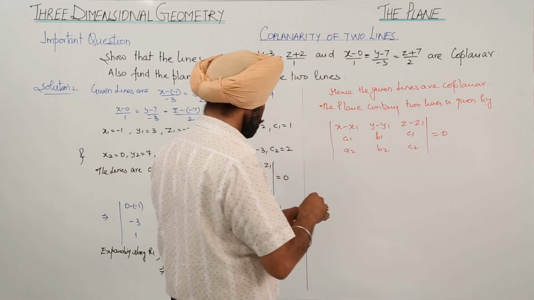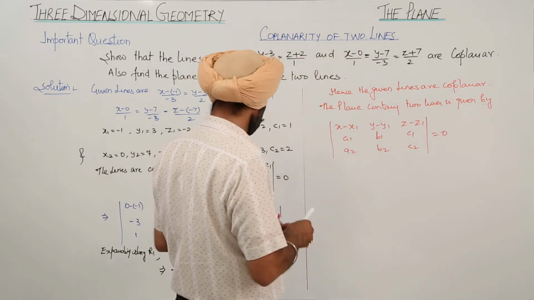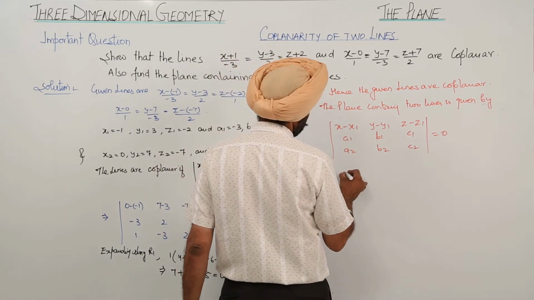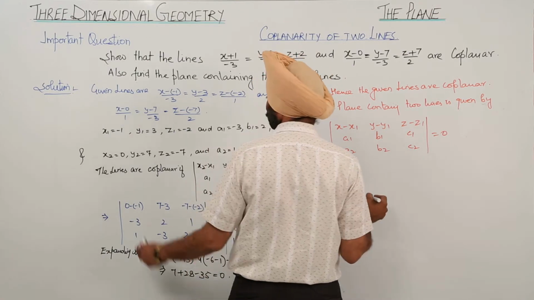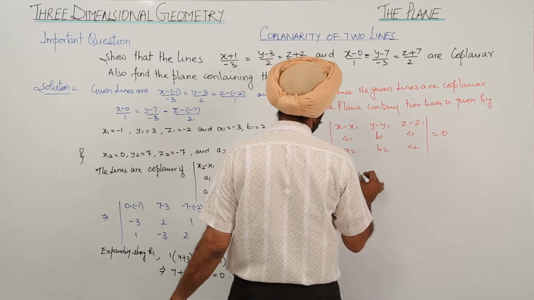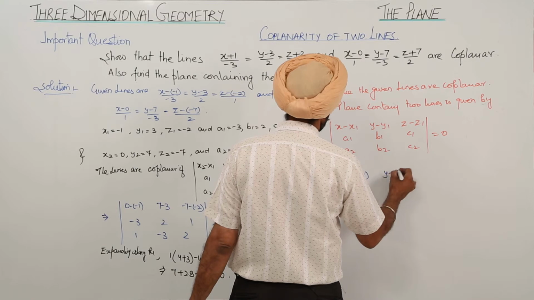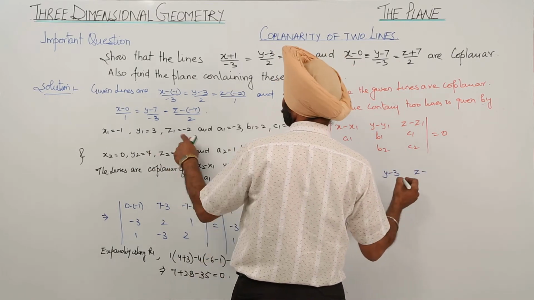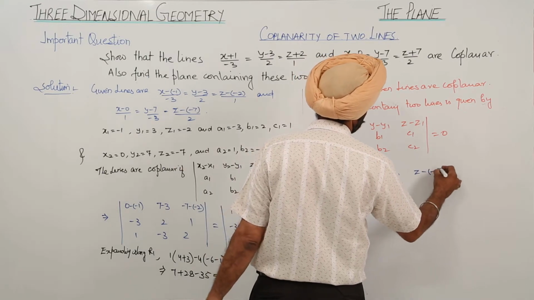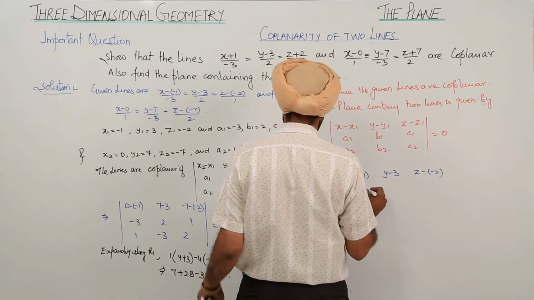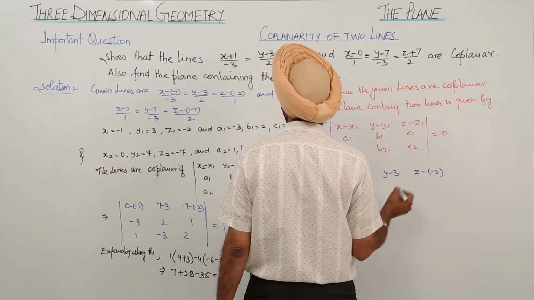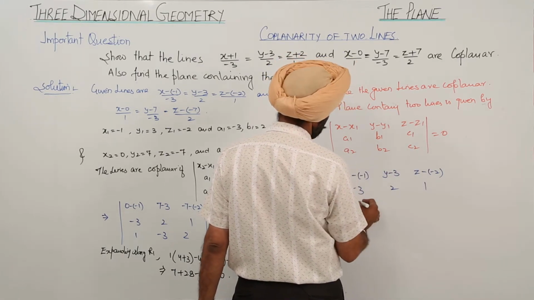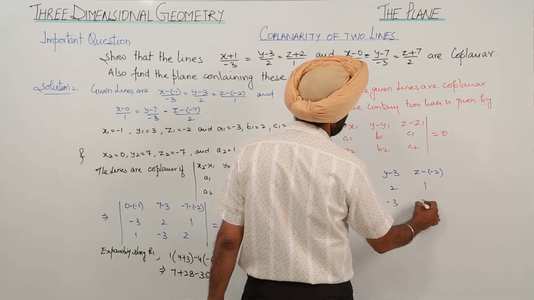Okay, so we are having x minus x1 is x minus minus 1, y minus y1 is y minus 3, and z minus z1 is z minus minus 2, with a1 b1 c1 as minus 3 2 1 and 1 minus 3 2.